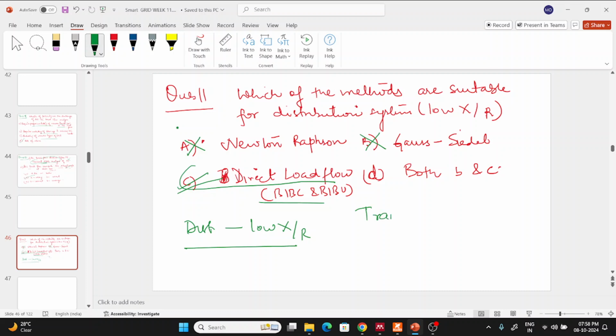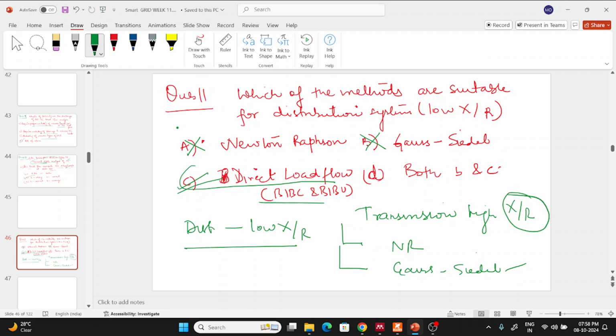On the other hand, transmission systems have a high x by r ratio. So Newton-Raphson and Gauss-Seidel methods are more suitable for load flow analysis of the transmission system. But for the distribution system, we have direct load flow.